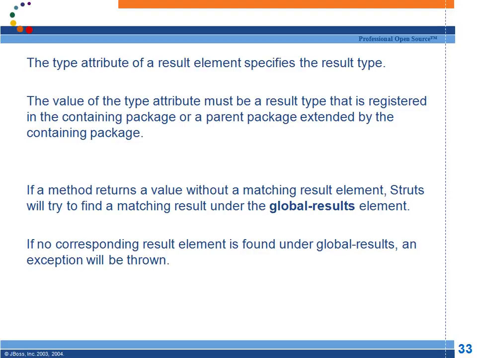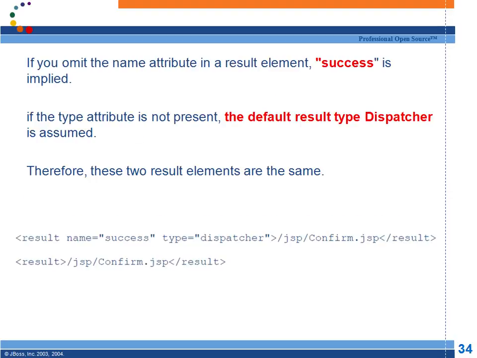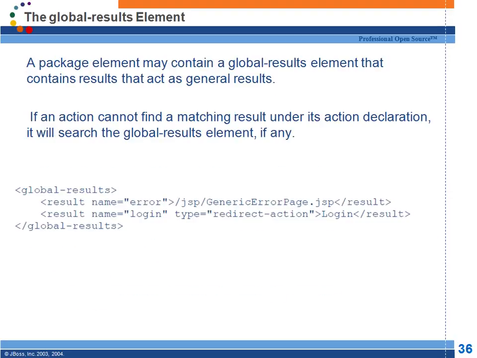If a method returns a value without a matching result element, Struts will try to find the matching result under the global-results element. What is this global_results element? You can write a tag called global-results inside your package. Where are you writing a result tag?